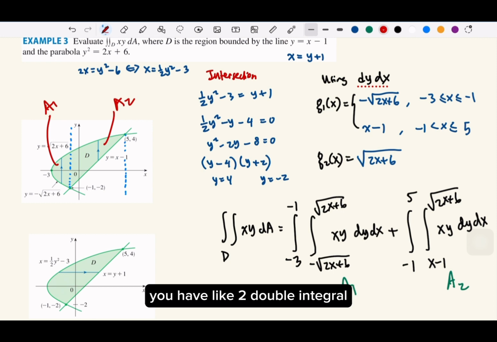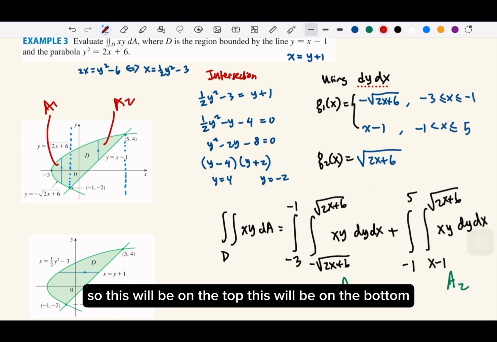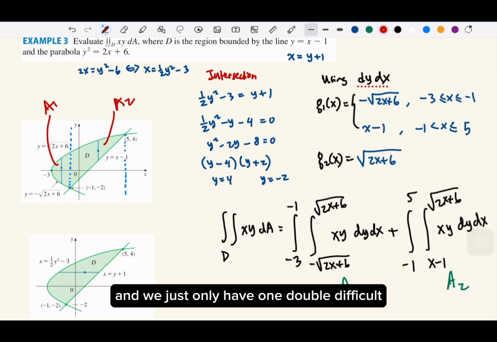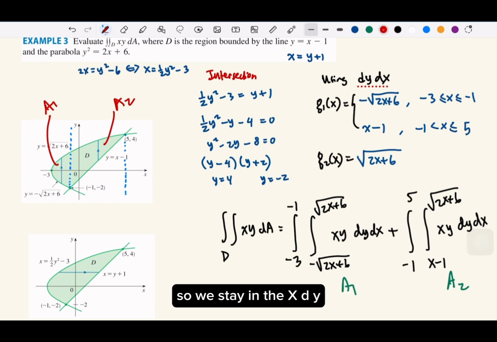You have two double integrals, and it's not as convenient as in the previous example. Instead of dy dx, it's better to use dx dy, which we see if we rotate. This will be on the top, this on the bottom, and we only have one double integral. So we stay in dx dy. I think that will be better.